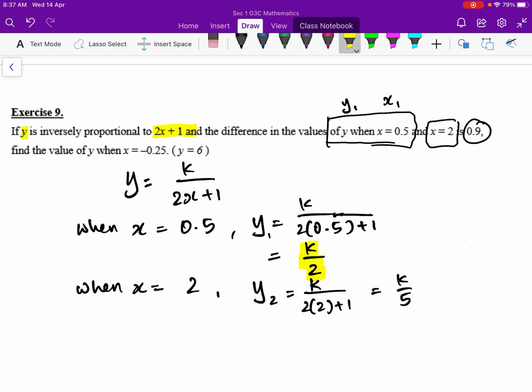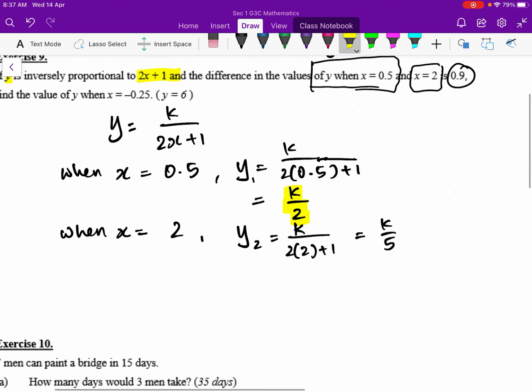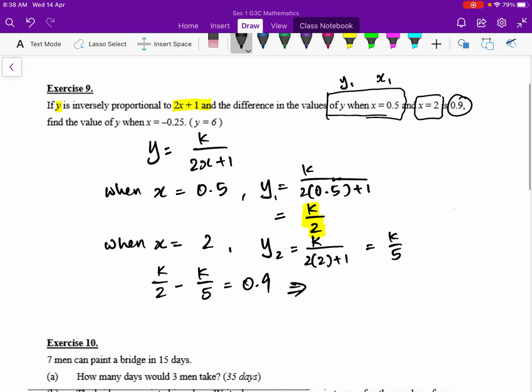Let's assume that k is positive first. Therefore, k over 2 minus k over 5 gives us 0.9. Then you work out your value of k. Okay, denominator 10, 5k minus 2k over 10 is 0.9.